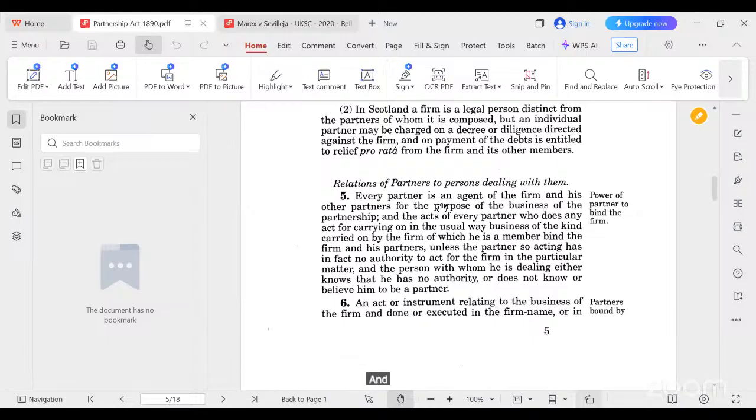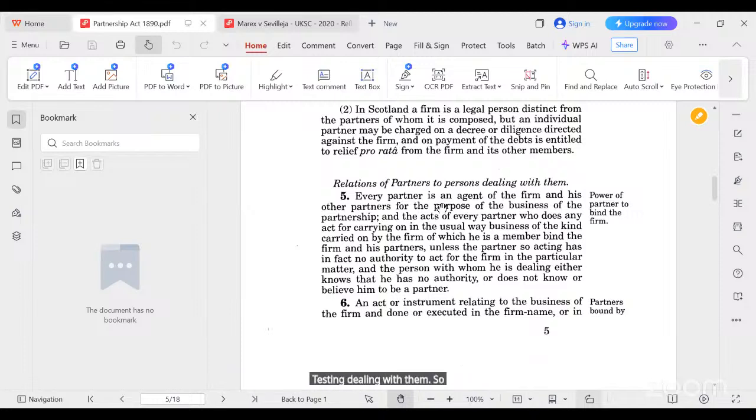And the acts of every partner who does any act for carrying on in the usual way the business of the kind carried on by the firm of which he is a member bind the firm and his partners, unless the partner so acting has in fact no authority to act for the firm in the particular matter, and the person with whom he is dealing either knows that he has no authority or does not know or believe him to be a partner. Section 5 is talking to you about the relations of partners to persons dealing with them.